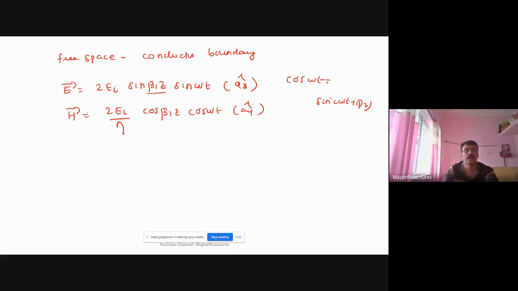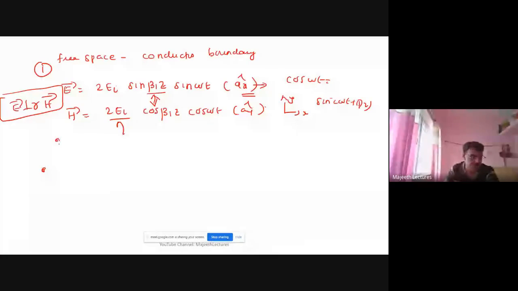E and H are 90 degrees out of phase. These two indicate E is perpendicular to H. And E is in the X direction, H is in the Y direction, so X and Y are perpendicular. Fine. This is one thing we must remember.